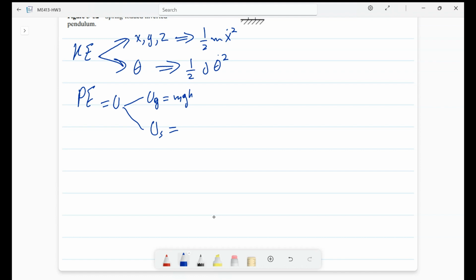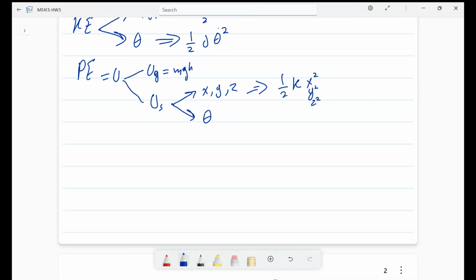And there are two types of potential energy for the spring, the translational and the torsional. For the translational, it will be half k x square, y square, z square, depending on the name of your degree of freedom.